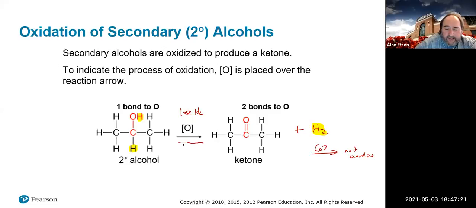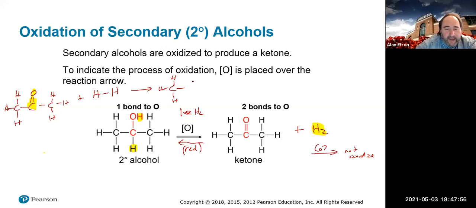Obviously, just like the other one, the reduction would be the opposite reaction. It works the same way as what I was talking about previously with the aldehyde. You could have this molecule and it looks like a lot of stuff going on. But when we do the reduction reaction, it really is that double bond that's the important part. It's this part right here. Everything remains the same except, like we did with the aldehyde, we make that double bond into a single bond.